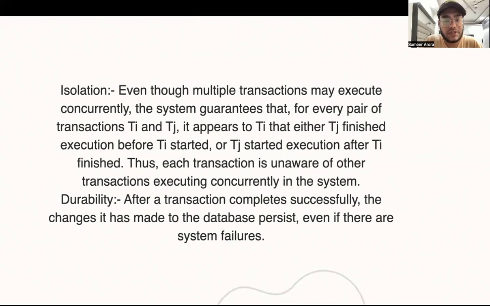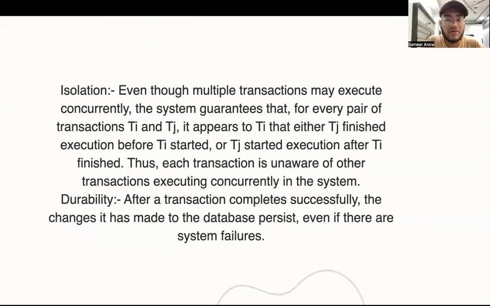Let's move to isolation. Even though multiple transactions may execute concurrently, the system guarantees that for every pair of transactions, for example, Ti and Tj, it appears to Ti that either Tj finished execution before Ti started, or Tj started execution after Ti finished. Thus each transaction is unaware of the other.